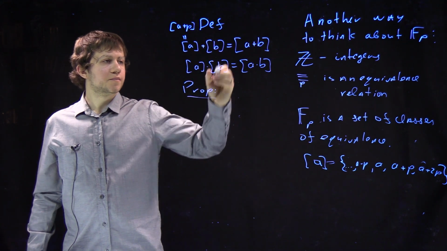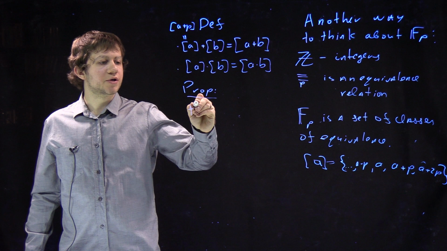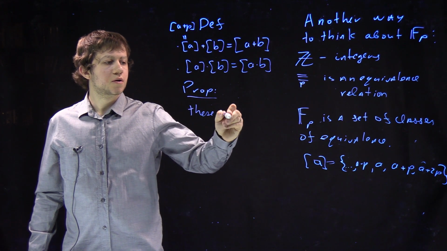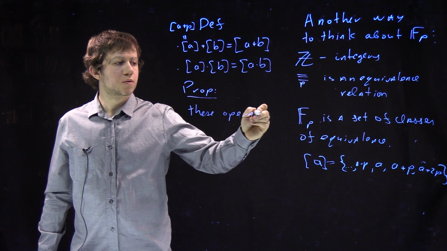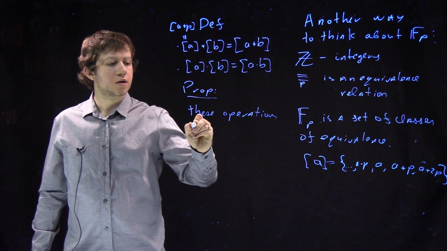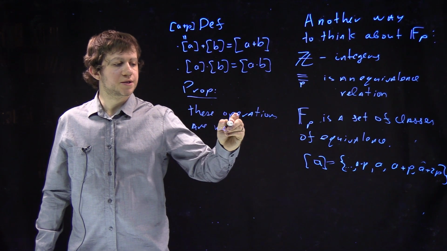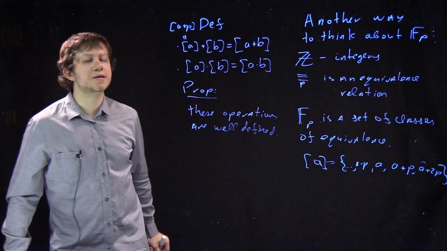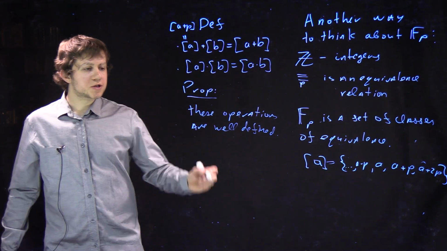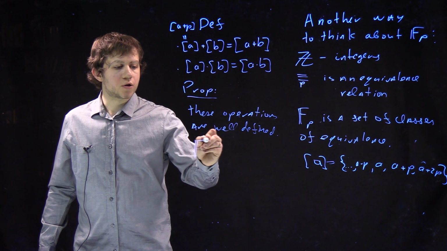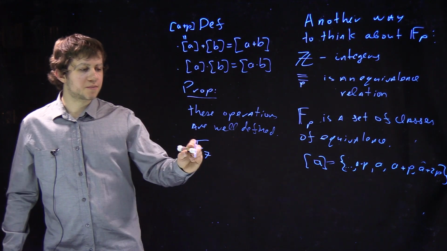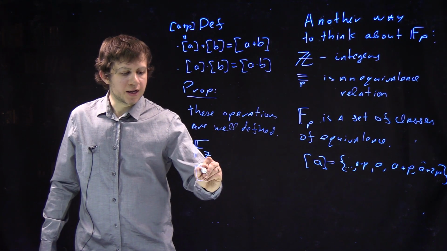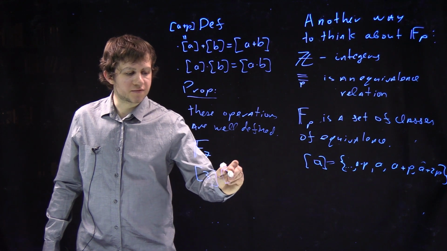So these operations are well defined. And this is a little exercise. But what is good about it, if we return back to our arithmetic modulo 7 example, so remember we had there problems like 3 times 5.